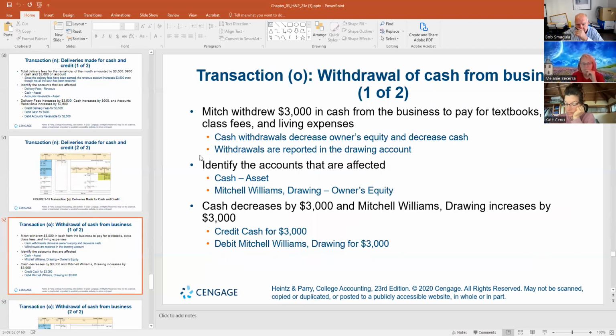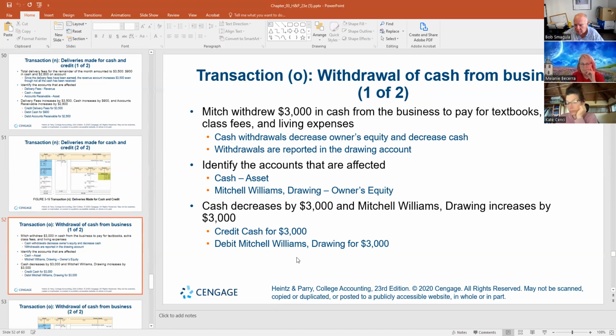And then finally, we have a withdrawal. And like I said, we're not going to see any more drawings after the first next couple of weeks. But Mitchell took $3,000 out of the business to pay for his trip to Las Vegas. Cash goes down by $3,000. And because we know this was for his personal use, we debit drawing. We debit drawing, which is going to reduce the equity, right?